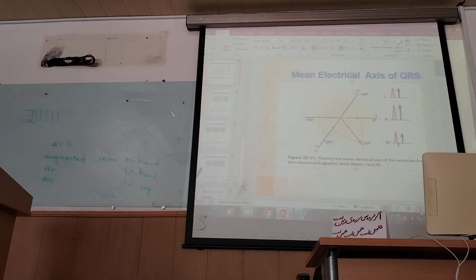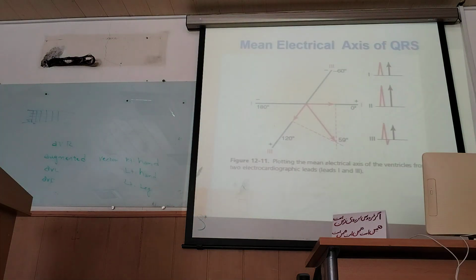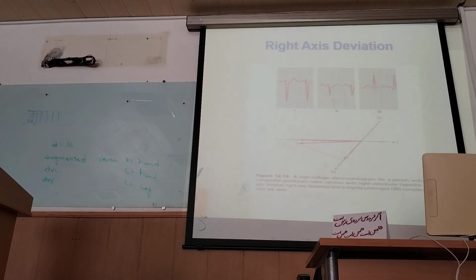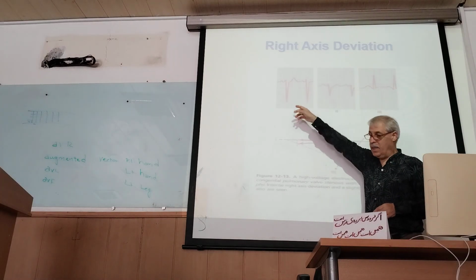Now, what's your question? In the next one, in electrical axis, we have discussed right axis deviation. See, in lead 1 you have this amount, it is totally negative.